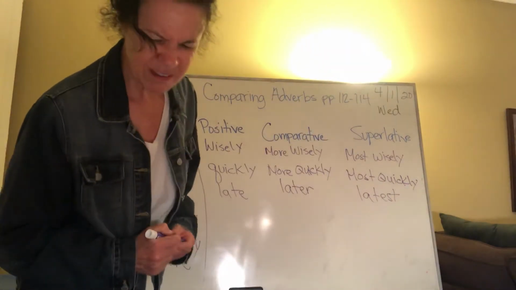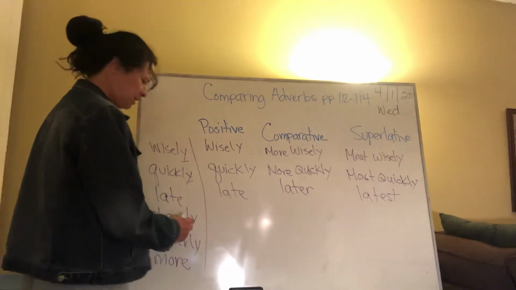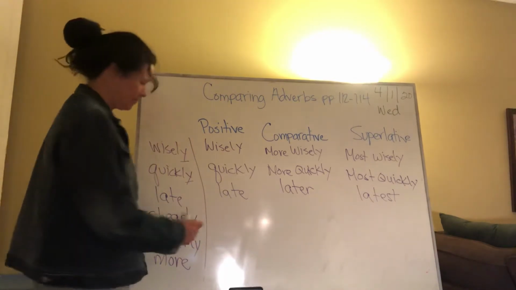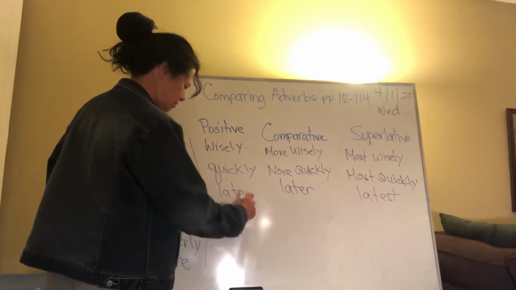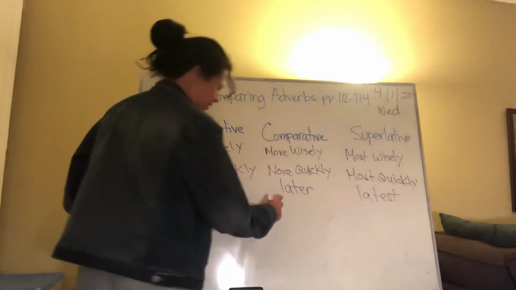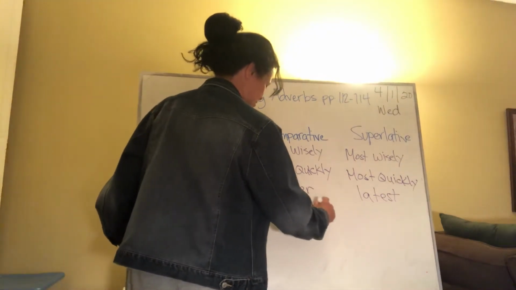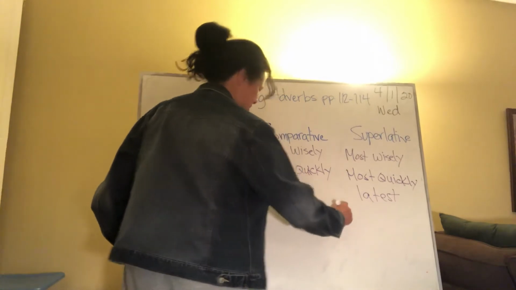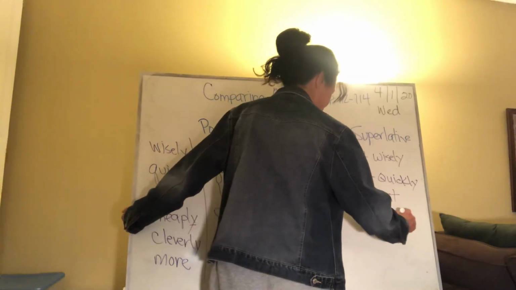All right? What's the next word there? Then we have cheaply. Follow the pattern. We put cheaply as our positive. Then more cheaply. And then, there you go, most cheaply.